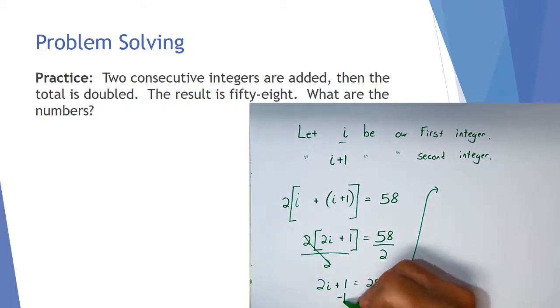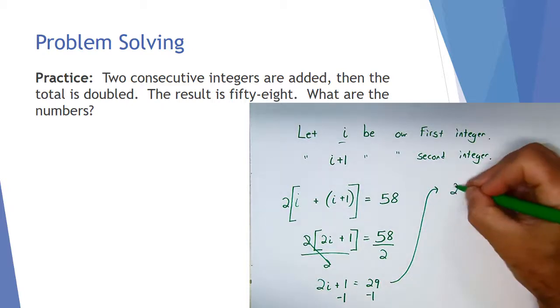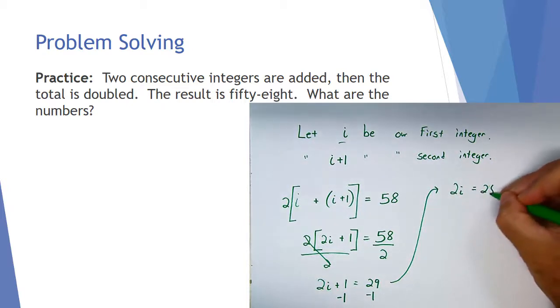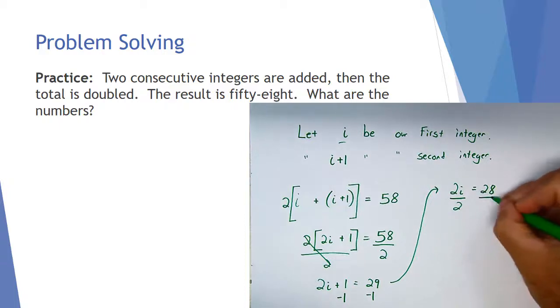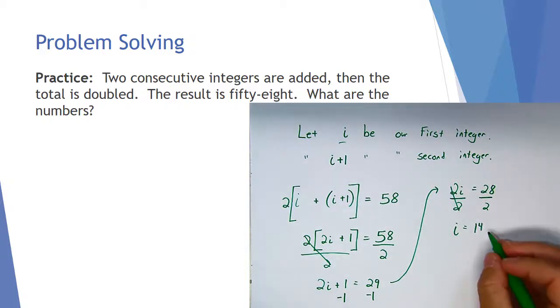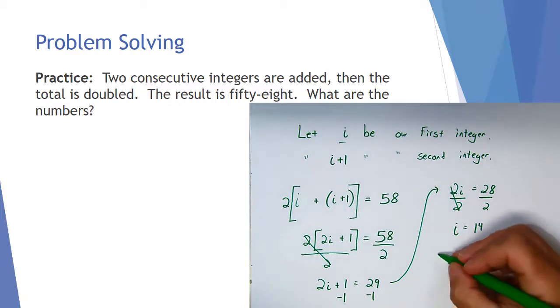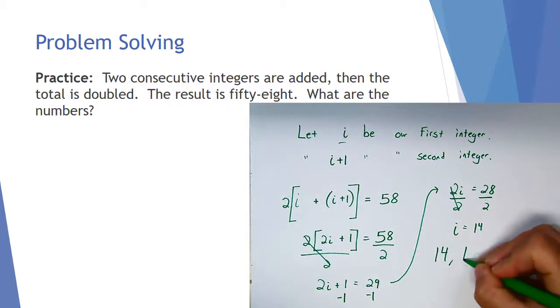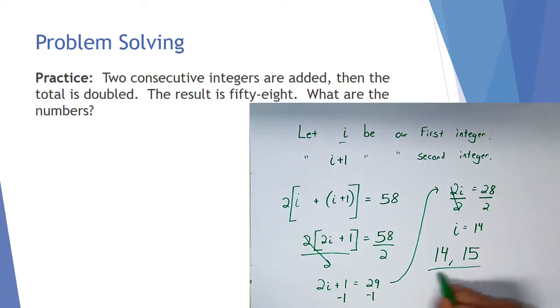We can subtract 1 from both sides, and we get 2I is equal to 28, and divide that by 2, and apparently then I is equal to 14. So our first integer is 14, and our second integer must be 15. Those are our two consecutive integers.